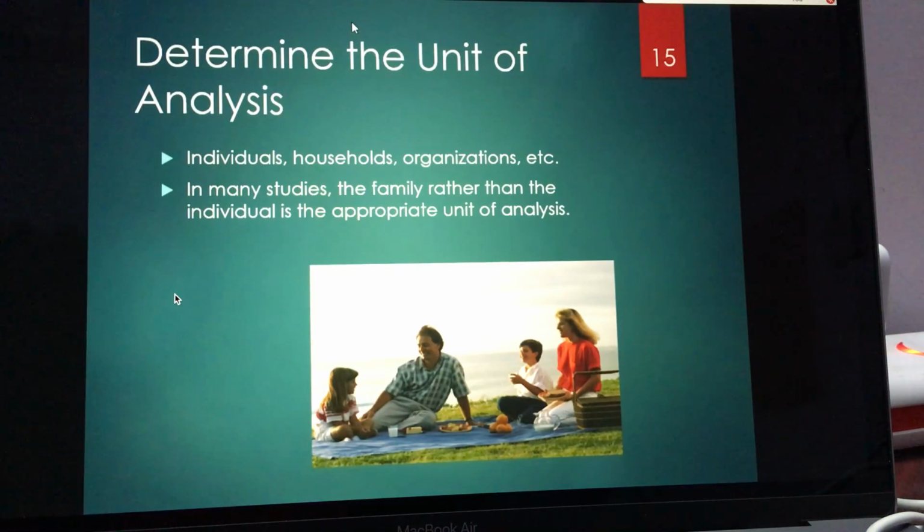And in many cases, individual customers should not be the unit of analysis. In many cases, the buying decision is made by the entire family. So households or families are more appropriate as the unit of analysis in marketing research in many cases.